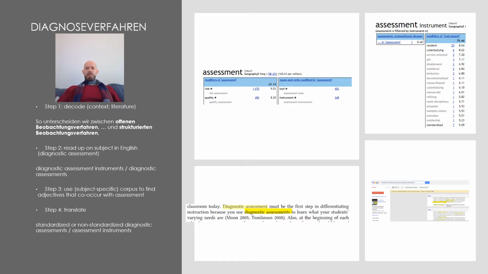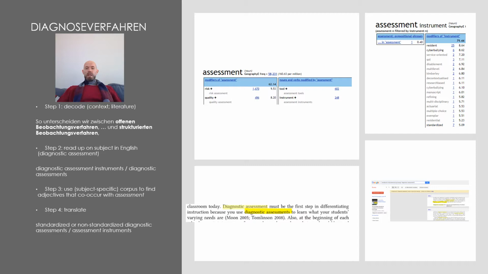If you already know a little about the subject, you'll know it's about testing and assessment. So assessment is a different term for testing, basically. And the first step would be to look at a kind of handbook, an encyclopedia of educational psychology, and read the article on diagnostic assessment.